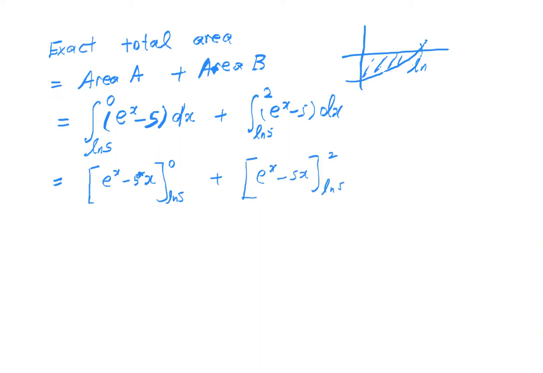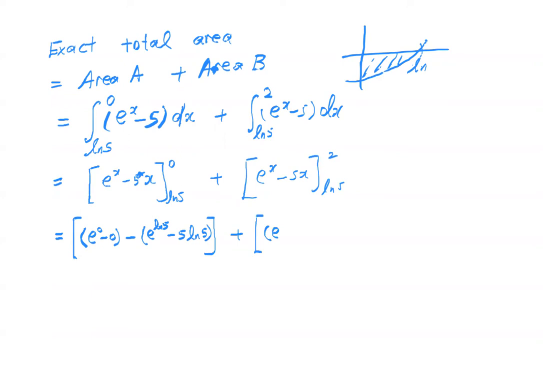So you just have to substitute it carefully. So here got 2 brackets. e to the power of 0, take away 0, take away e to the power of ln 5, take away 5 ln 5. Okay? Patiently substitute in.